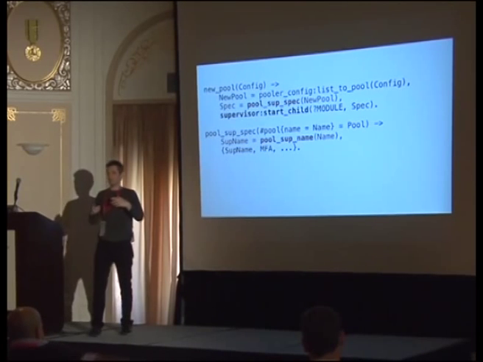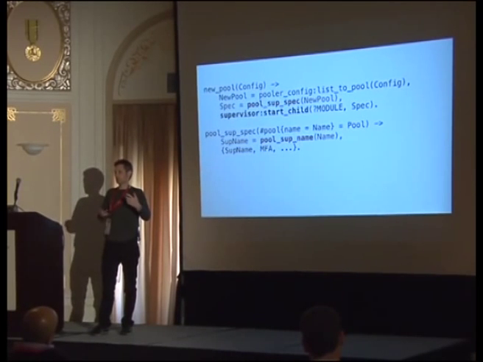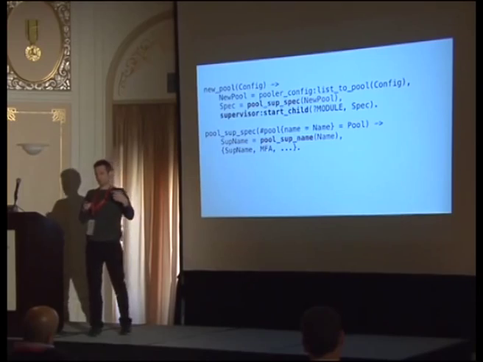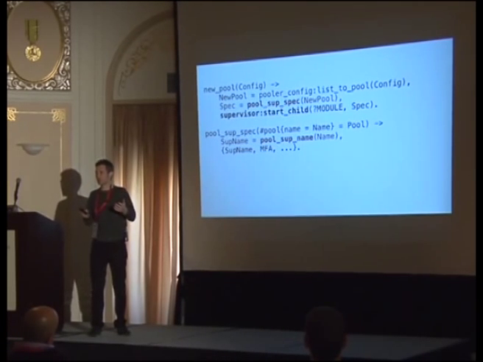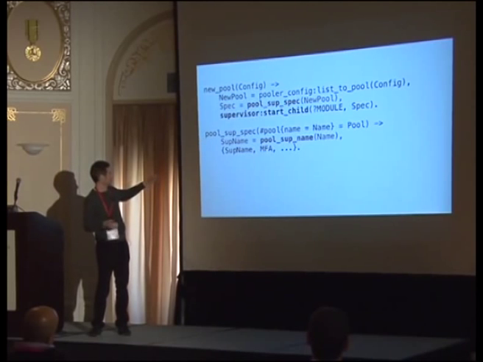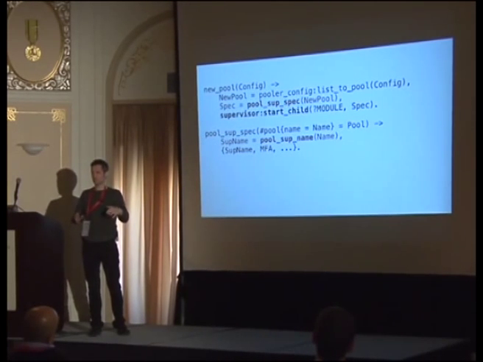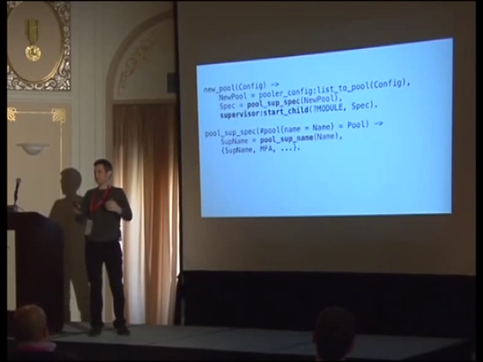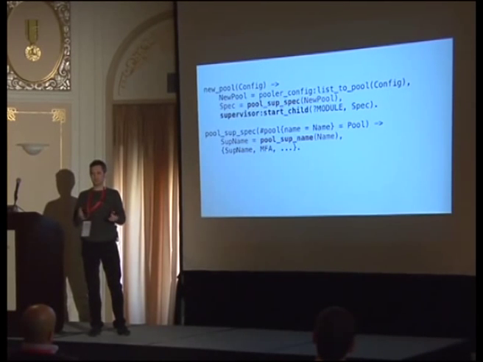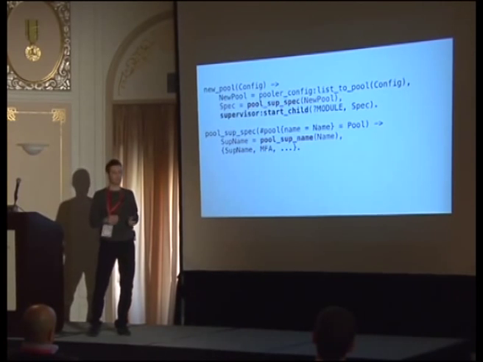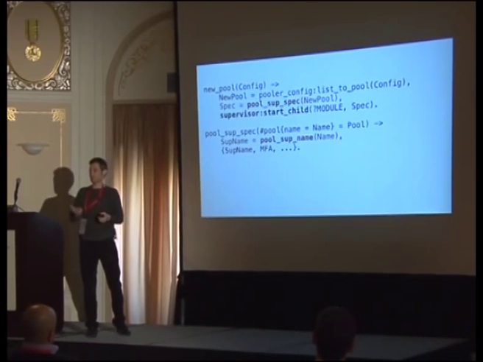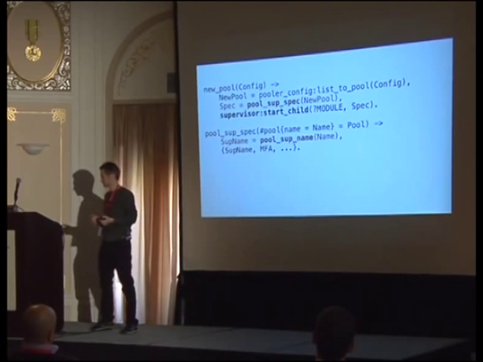And then we can have a function new pool and a helper function to define the supervisor spec that calls that dynamic name generation. So really super easy and not deep magic at all, but it's good to know, if you don't, that you can create supervisors in this way dynamically as well.